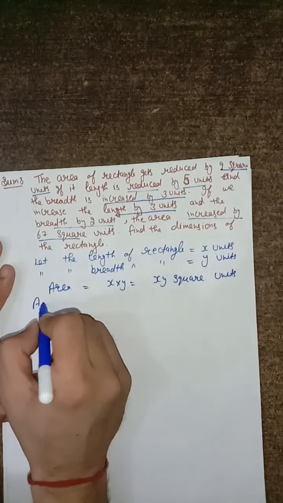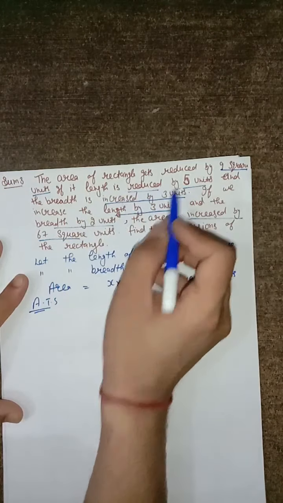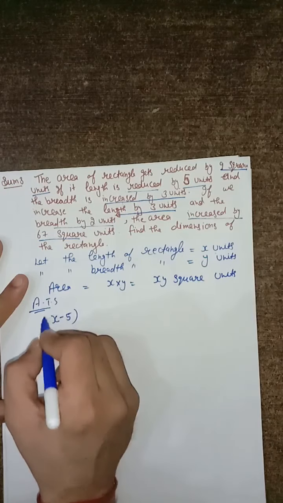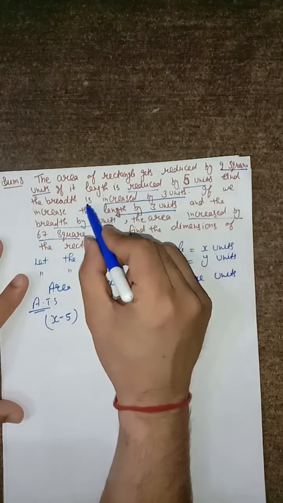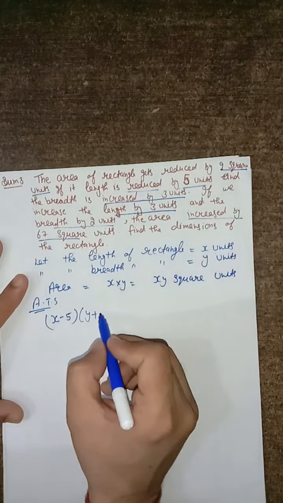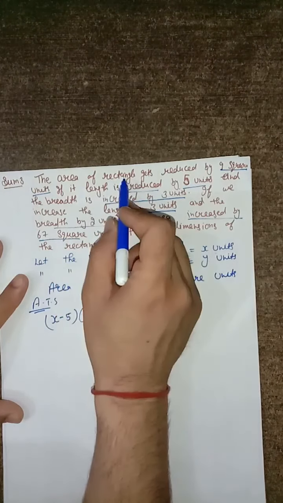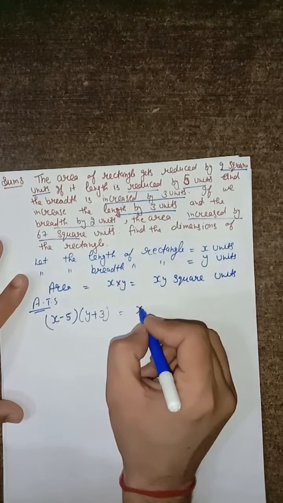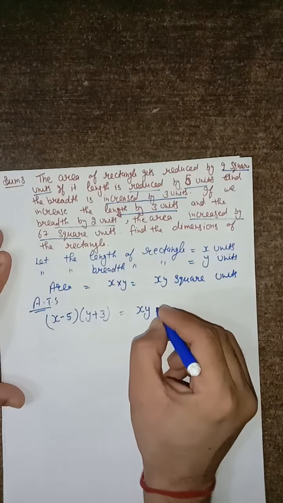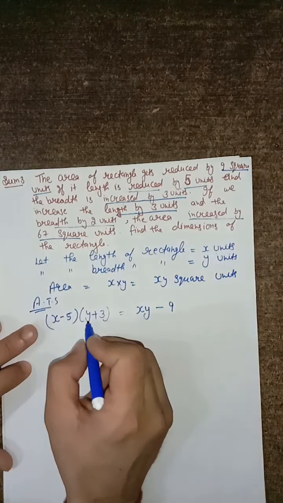Now according to the statement, if my length is reduced by 5 units, means x minus 5, and breadth is increased, means y is increased by 3 units, then the area of the rectangle gets reduced. Initially the area was xy units, it will be reduced by 9 units. This will become my first equation.